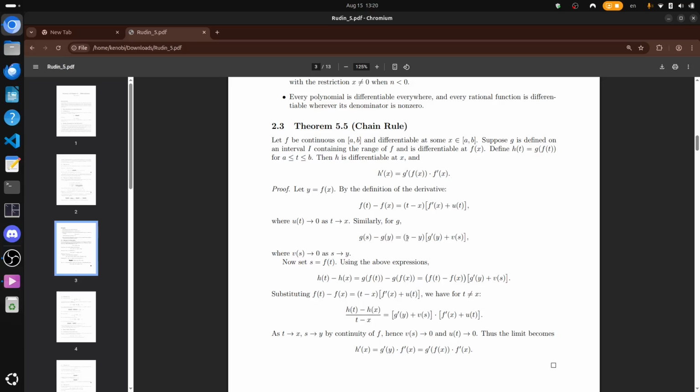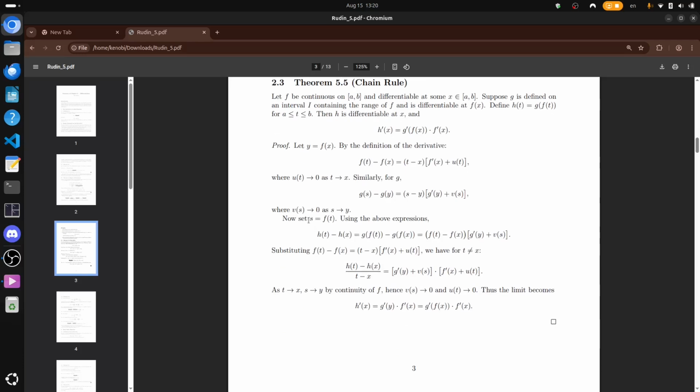That's what we're doing. But now what we're doing is taking g of s minus g of y instead of t and x. Basically what we're doing, as v of s goes to 0. And now we set s equals f of t. So we're finding differences and setting different variables that are going to be nested together.